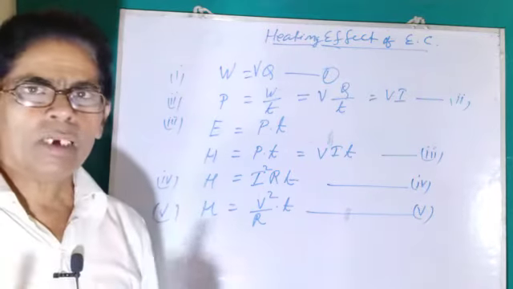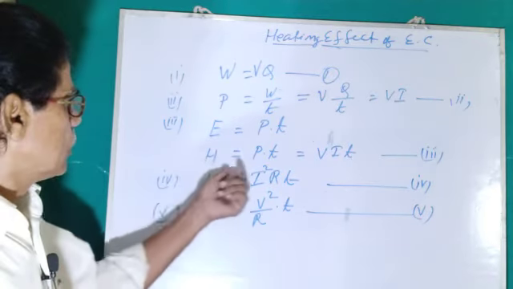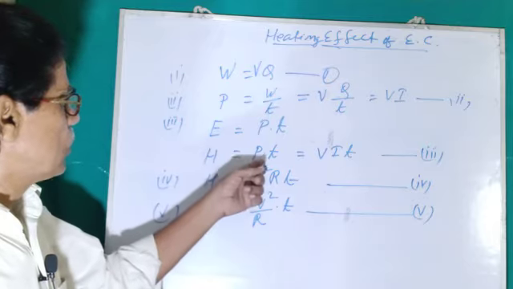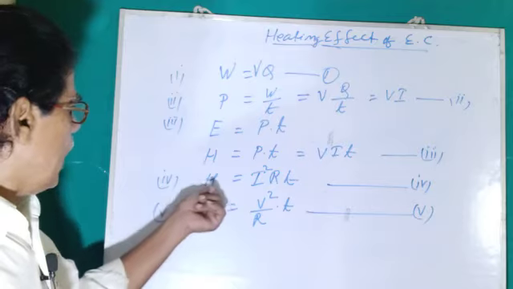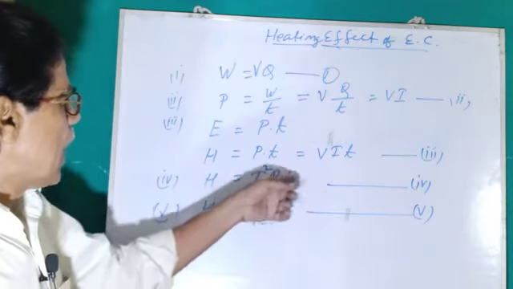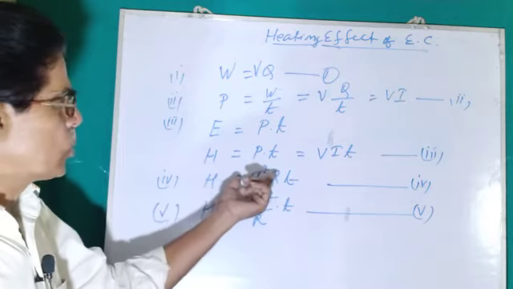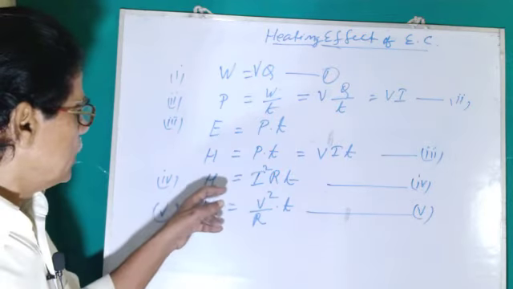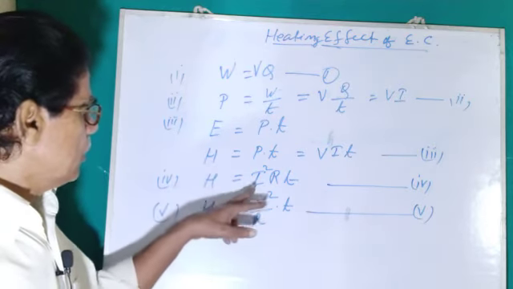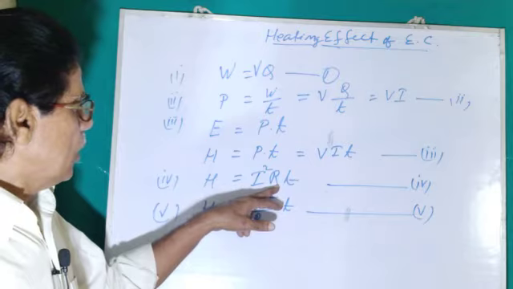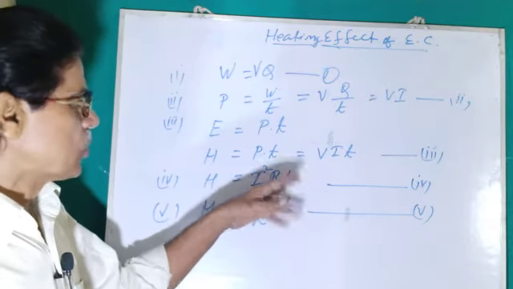Since energy consumed is equivalent to the heat produced, heat produced H equals P into T, that is VIT. Now H equals I square RT. This is commonly known as Joule's law. That is, heat produced is directly proportional to the square of the current strength, directly proportional to the resistance, and directly proportional to time.